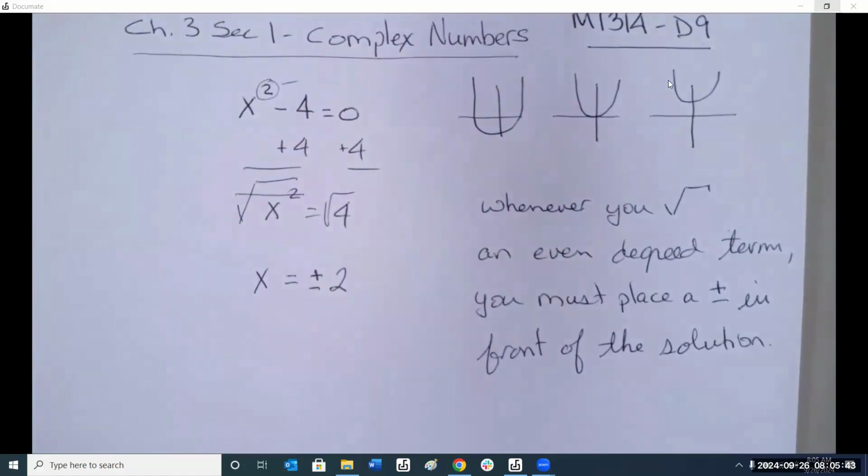That's what we get to. Yes. If it's odd degree, it is what it is. If it's positive, it's positive. It's negative, it's negative.